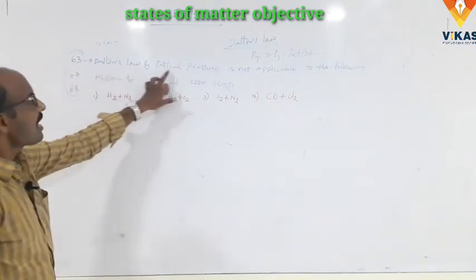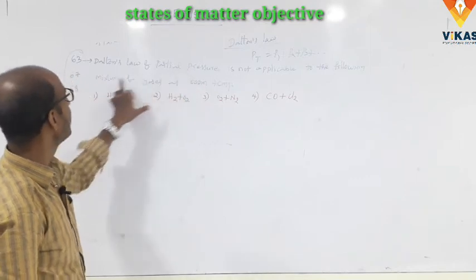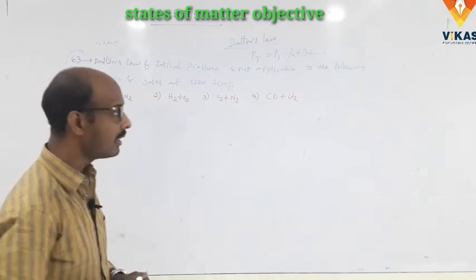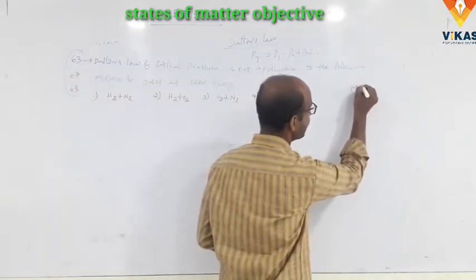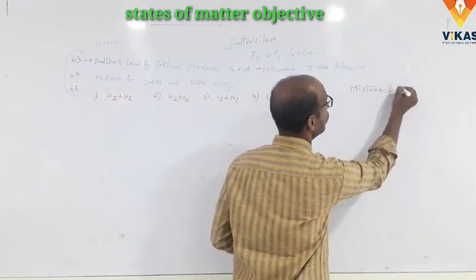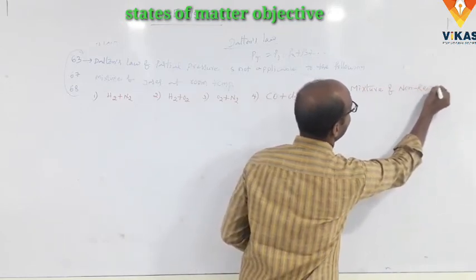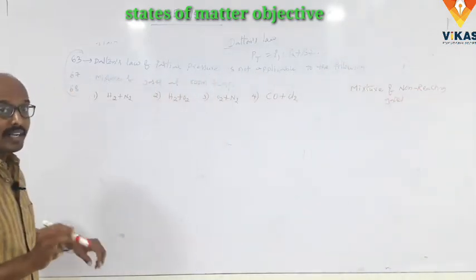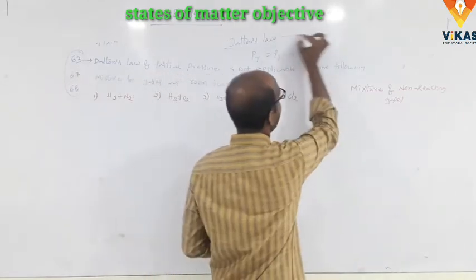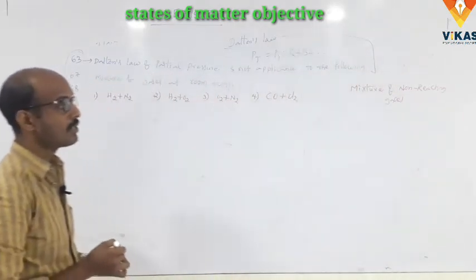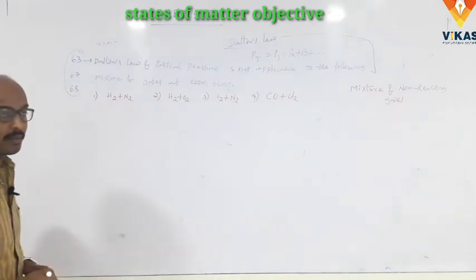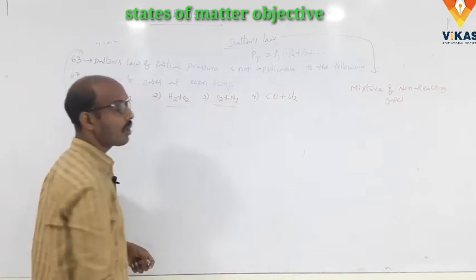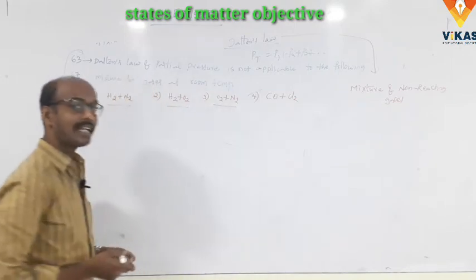దీనికి ఆన్సర్ ఎలా తెలుస్తుందంటే, నేను డాల్టన్స్ లా చెప్పినప్పుడు, ఎగ్జాంపుల్స్ చెప్పినప్పుడు ఆ బుక్ రిఫర్ చేస్తే మీకు ఈజీగా అర్థమవుద్ది ఈ క్వశ్చన్కి ఆన్సర్. అప్పుడు డాల్టన్స్ లా అనేది ఎప్పుడు అప్లికేబుల్ అవుతుంది? మిక్చర్ ఆఫ్ ద నాన్ రియాక్టింగ్ గ్యాసెస్. ఈ పాయింట్ మర్చిపోకూడదు. మిక్చర్ ఆఫ్ నాన్ రియాక్టింగ్ గ్యాసెస్కి డాల్టన్స్ లా అప్లికేబుల్ అవుతుంది. వీటిని ఒకసారి చూస్తే H2 N2 నాన్ రియాక్టింగ్ గ్యాస్, H2 O2 నాన్ రియాక్టింగ్ గ్యాసెస్, N2 O2 నాన్ రియాక్టింగ్ గ్యాస్, బట్ COCl2 is the reacting gases.